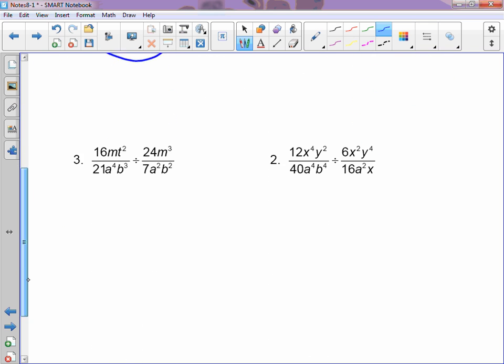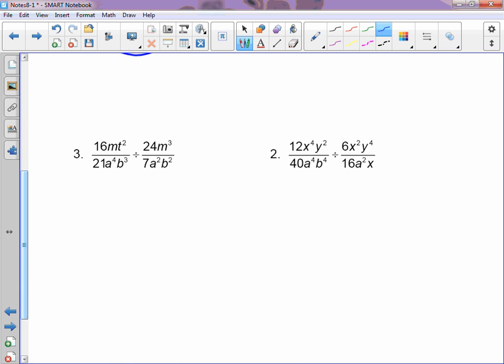What happens when we divide? My notes of division. Now we just flip the second fraction, so now it's multiplication.